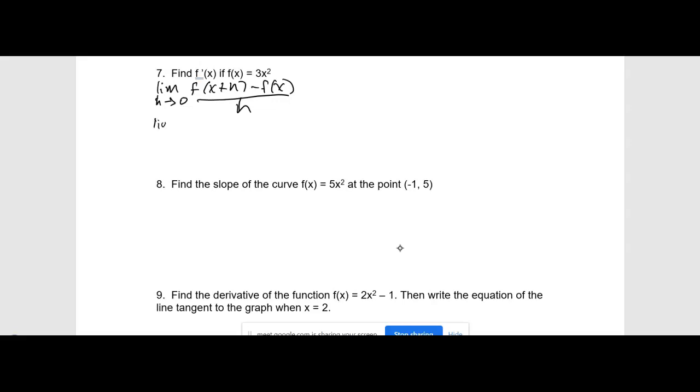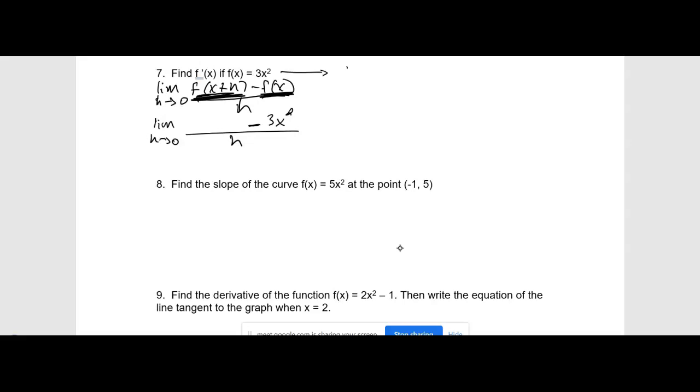So what we would then do is down here, substitute in what we know for our formula. So here's f of x. After the minus sign is your function. In this particular problem, our f of x is 3x squared. So we would put that in that location, and then all over h. The other thing that we need is the f of x plus h.